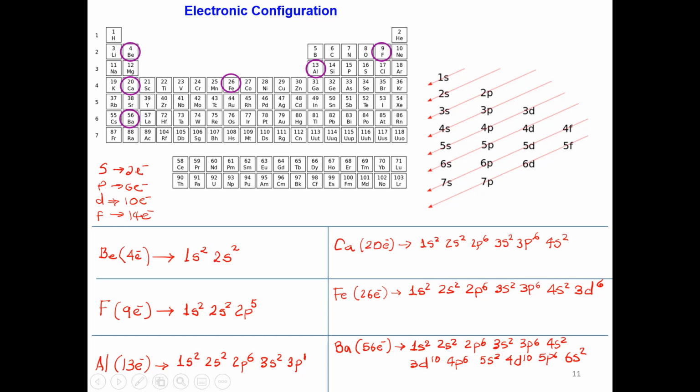We can add these numbers together, and we should get 56 electrons. Then we have 10 plus 10, 20, 30, 36, 38, 48, 54, 56. Then now we know we have the electronic configuration for barium.